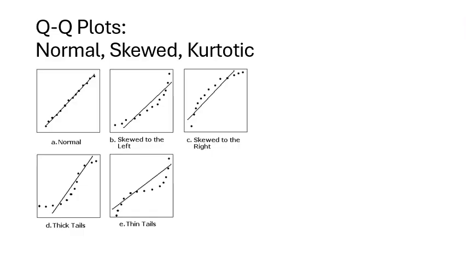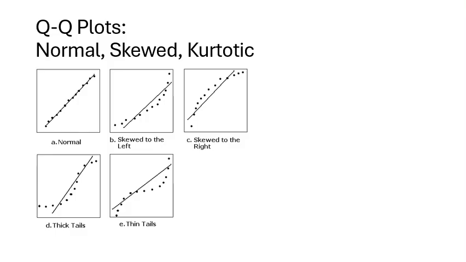If you have some skew, you're going to look at B and C. The tails of the actual scores are going to be diverging from this line indicating what normal would be. And that means that there's some skew going on in your distribution that's pulling the tails in one direction or the other direction.